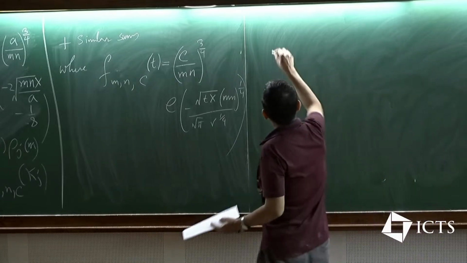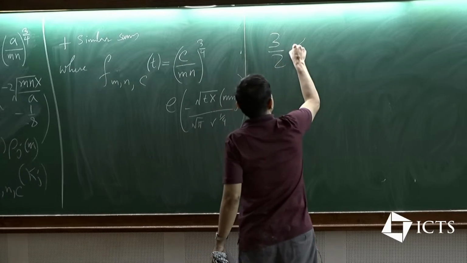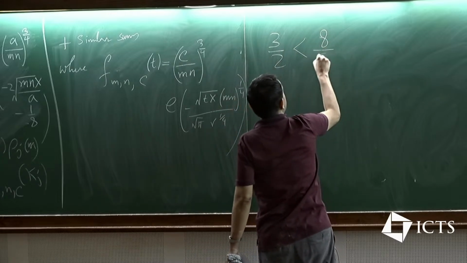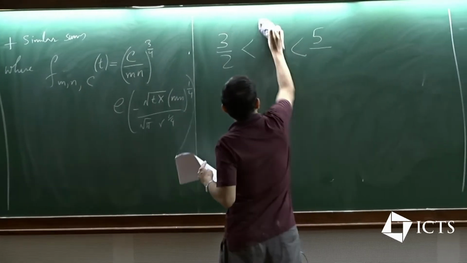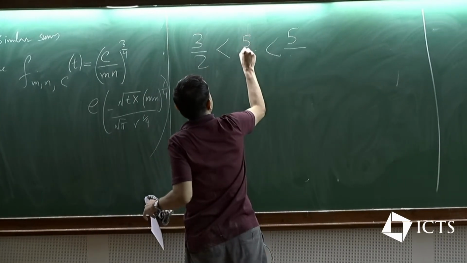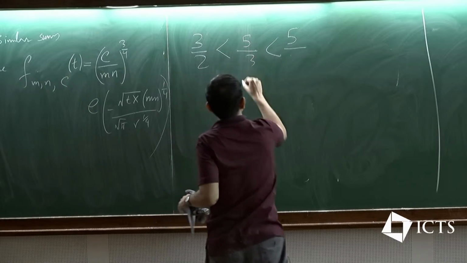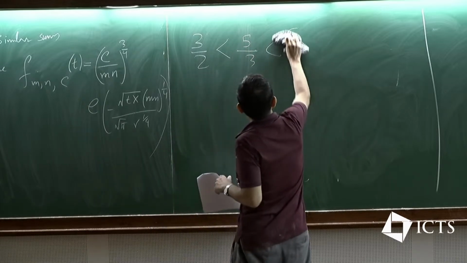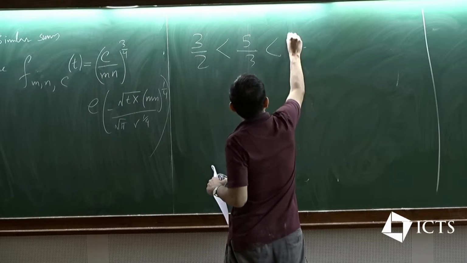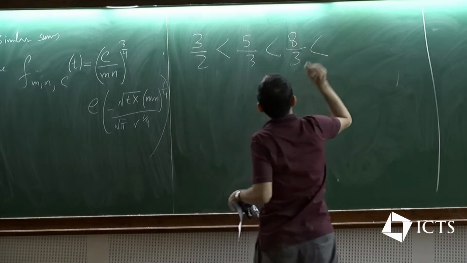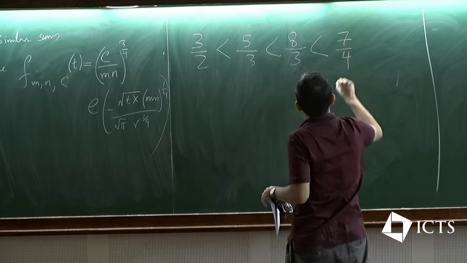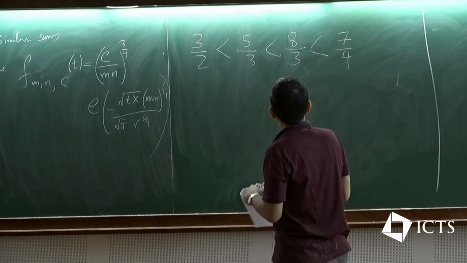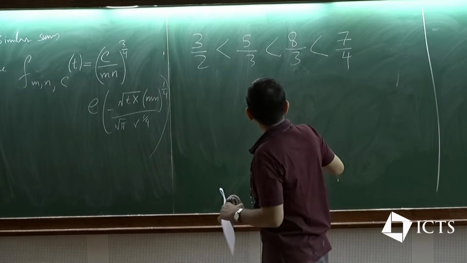So I'll write 3 by 2 is less than 8 by 5 is less than 5 by 3. No, 5 by 3 will be here. Which is smaller, 8 by 5 or 5 by 3? And 7 by 4. Yeah, so the thing is, you will get 7 by 4.